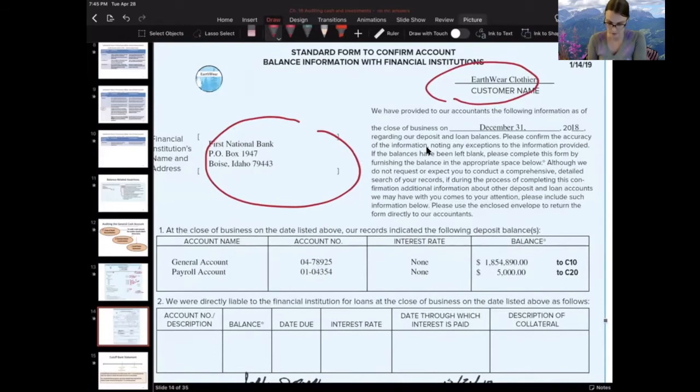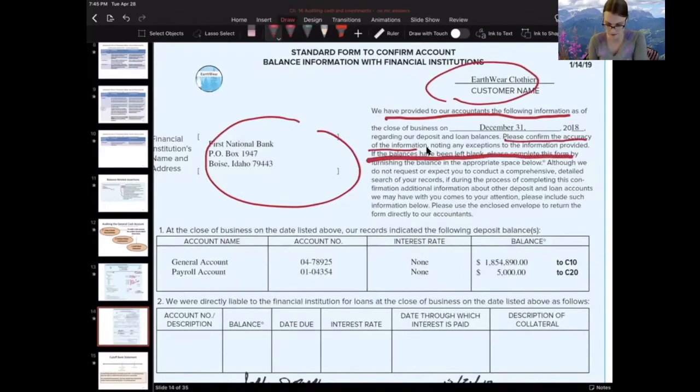So it'll say, we provided our accountants with this information. Please confirm the accuracy of the information. If the balances were left blank, please complete this form by furnishing the balances. Here, you'll notice it says, please use the enclosed envelope to return the form directly to our accountant. And this is a very standard form right here.